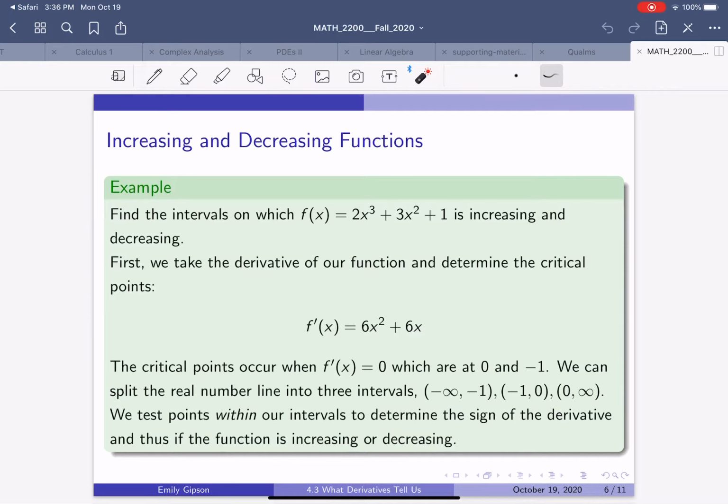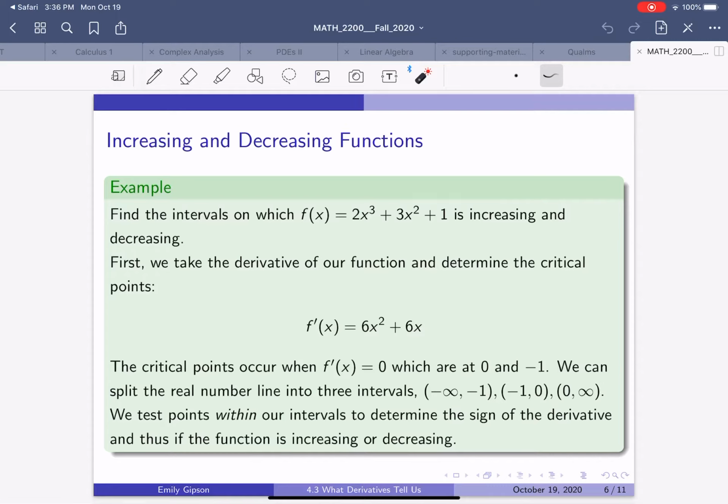Sorry, that is not the same as finding the zeros. Please disregard that. So we found the critical points of our function, and we used those critical points to split up the real number line into 3 not equal parts.